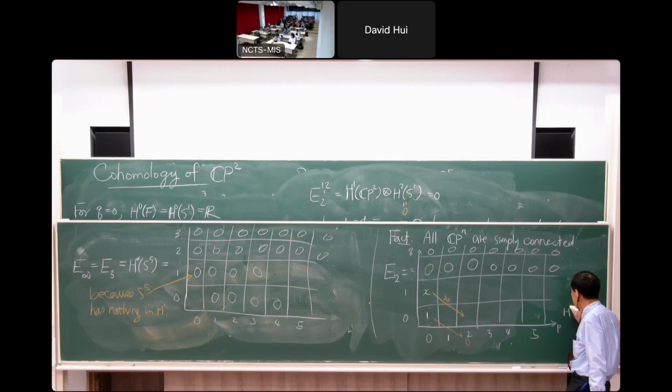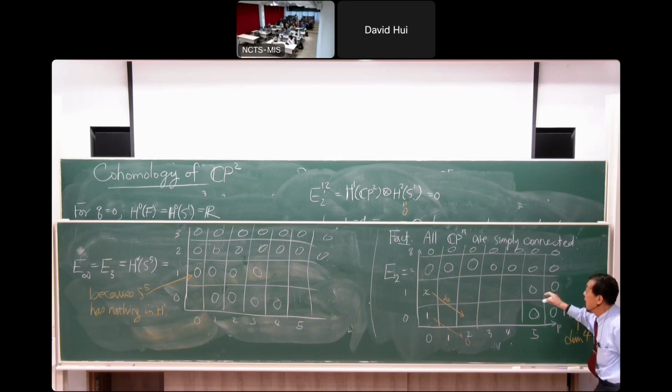Remember, this row is H of CP2, right? The bottom row is the cohomology of CP2. So what's in this box? 0, and why is it 0 here? Yeah, because CP2 has dimension 4. Okay? It's S5 mod out by S1. So this has real dimension 4. And so it doesn't have any cohomology in degree 5 or 6.